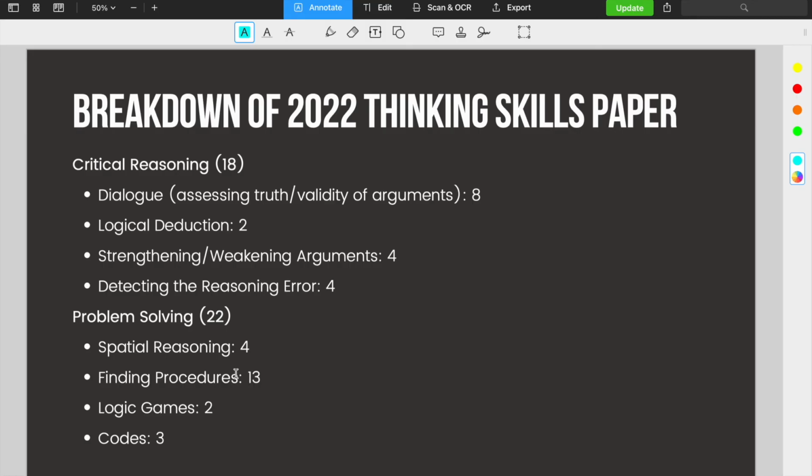You can't really predict the exact finding procedures questions that you'll get next year. So yeah, the only solution is lots of practice and also being able to think on your feet. The best way to work on these questions is really just exposure to a wide range of question types, as there's no real way of predicting what will appear next year.